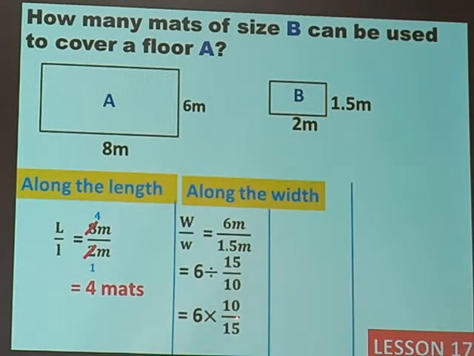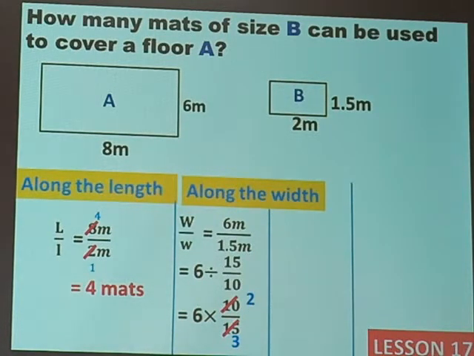Let's look at 10 and 15. What's the common factor there? Right, we can divide by 5. So we divide 15 by 5. What shall we get? We shall get 3. Divide 10 by 5, we shall get 2.